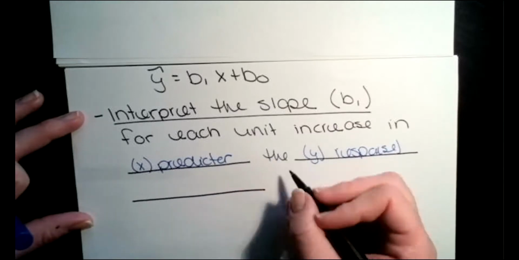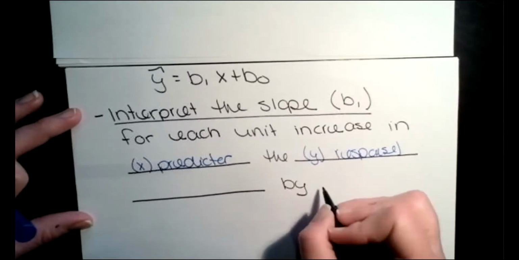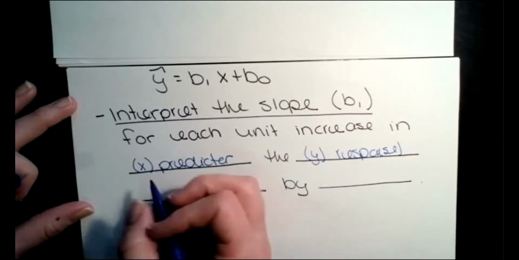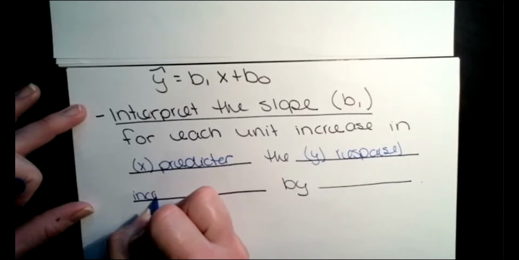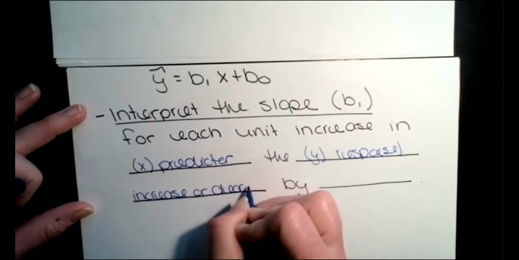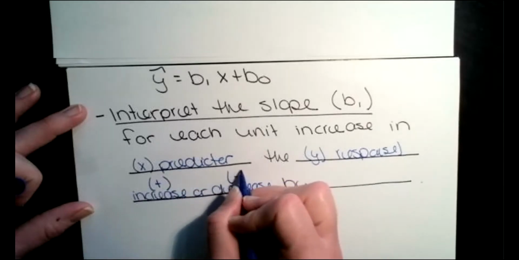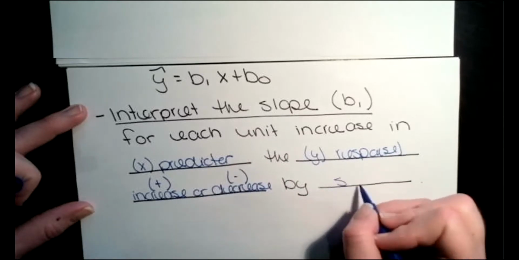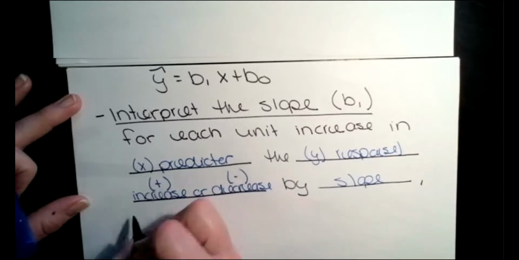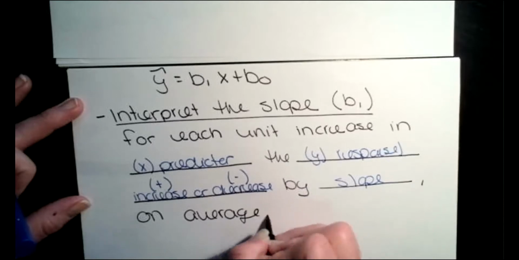That's the direction of the slope: positive slope, negative slope, and then by the slope amount. We can say on average to be correct, so I will put that on average.